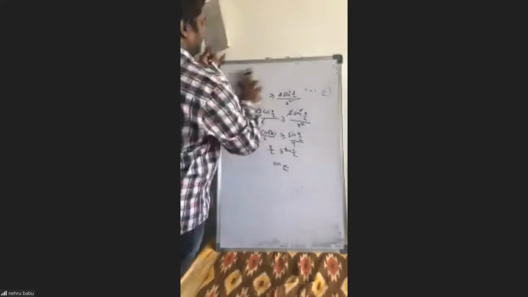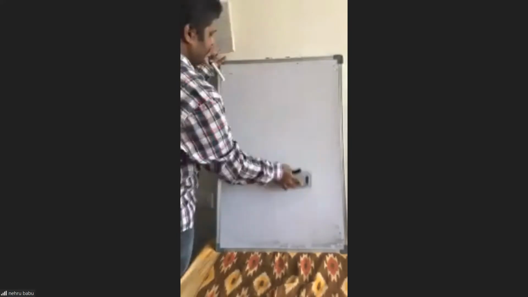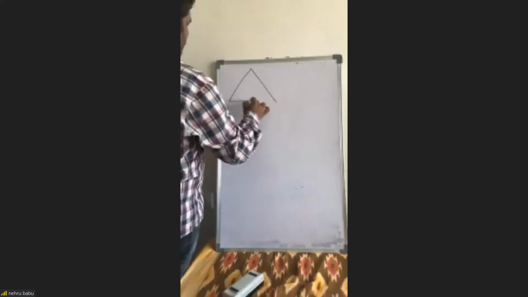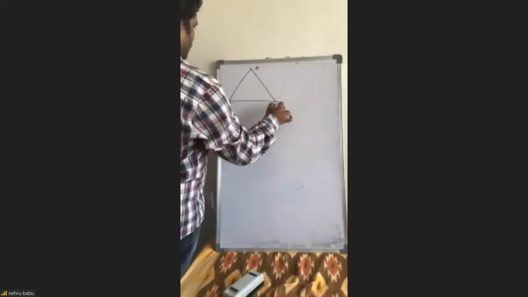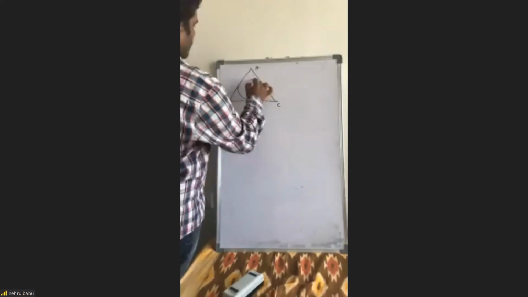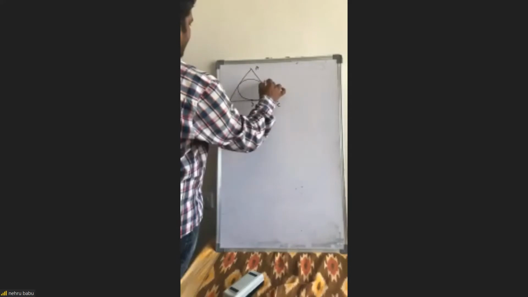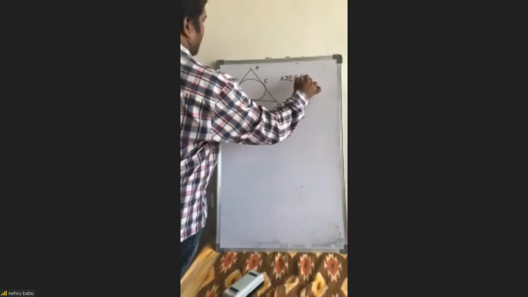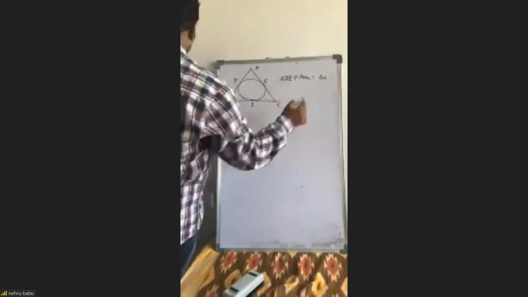Next, try this problem. If the circle touches this at D, E, F, and triangle DEF area equals delta naught.